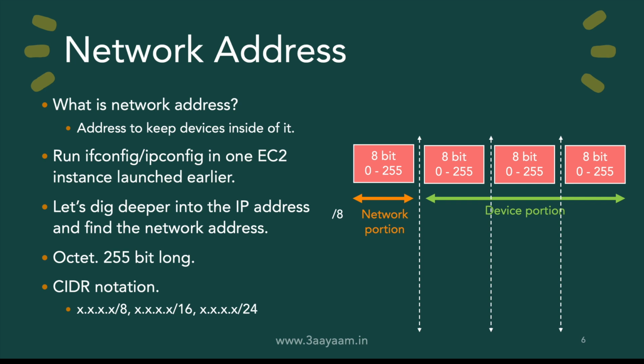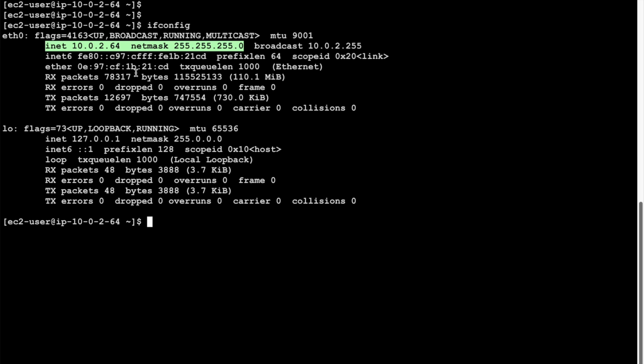But with /8 we can have 255 times 255 times 255 devices. Now if you go back to the EC2 instance, had it been /8, then the netmask would have been 255.0.0.0. That's how the netmask would be if the network address were 10.0.0.0/8.